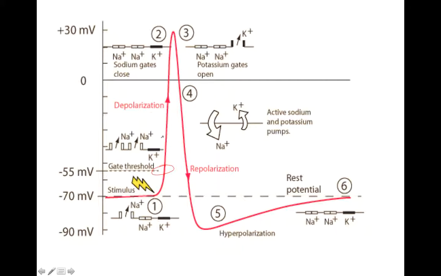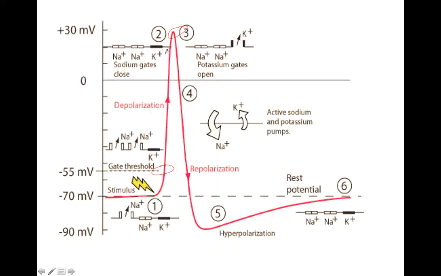Okay, and depolarization is going to bring us all the way up to +30. Okay, and that's just more sodium channels opening, sodium influx into the interior of the cell, completes depolarization.